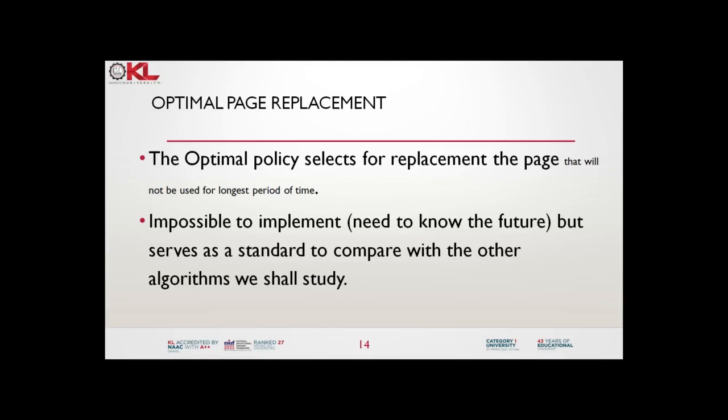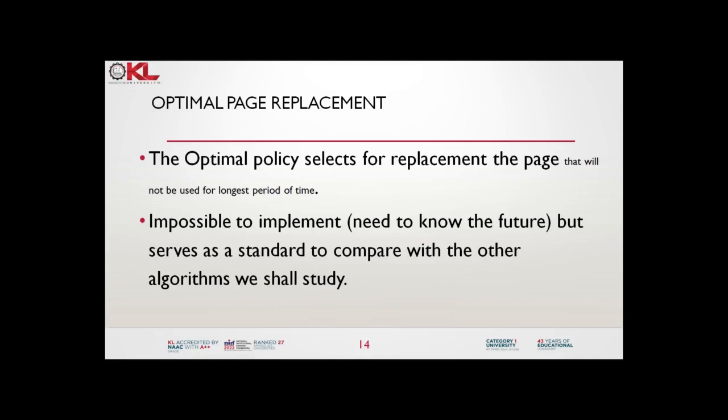Please underline that. In the future, whichever page is not going to be used for the longest duration, that we should consider. It is impossible to implement because we need to know the future. Predicting which page is going to be asked by the user, we don't know initially. So theoretically it is possible, but practically it is not possible.